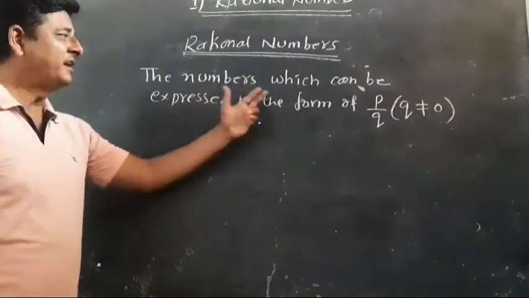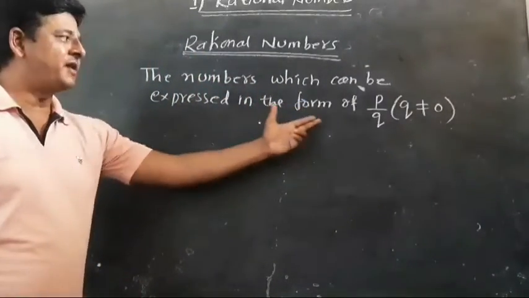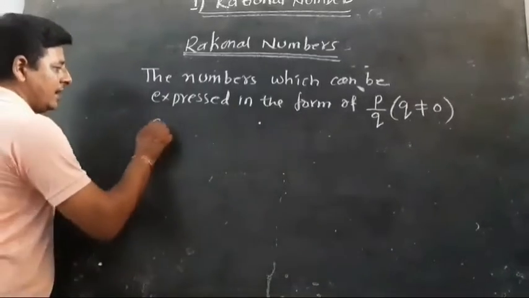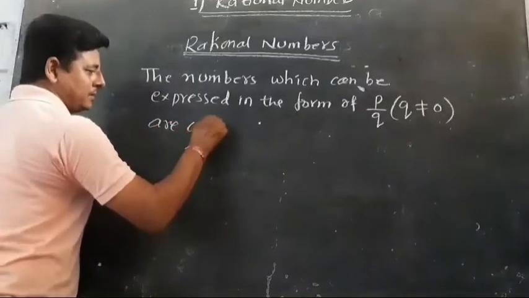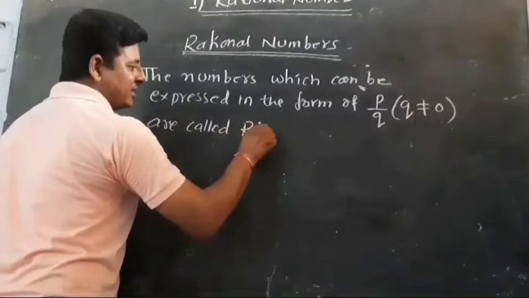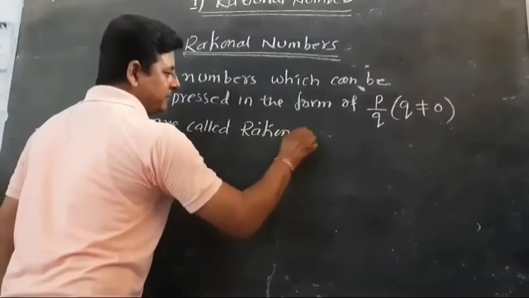The numbers which can be expressed in the form of P by Q are called rational numbers.